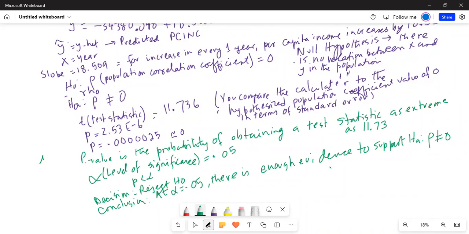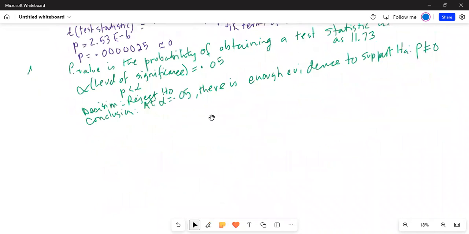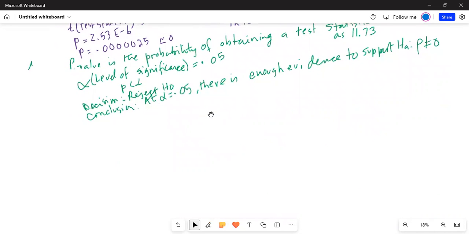Okay. Now we have to find the residual. So let me move this again. We have to do a residual and a residual plot. Okay. Let me go back to this pen. So what is a residual actually?